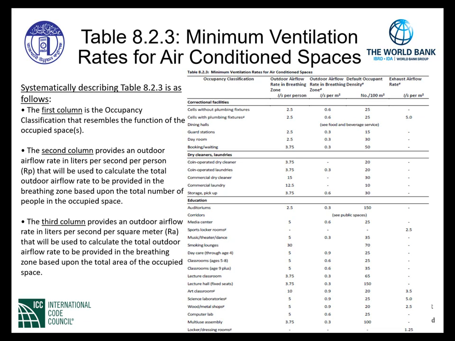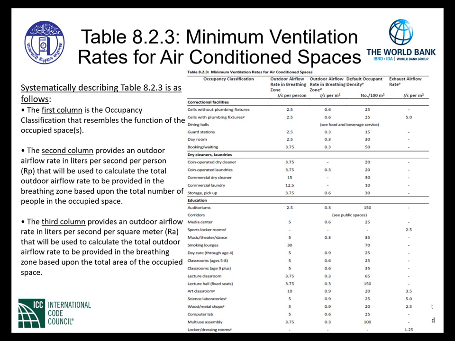So simply looking into the second column of the table, as seen here, based upon the occupancy classification and the space within the occupancy, you are given a prescriptive outdoor airflow rate in the breathing zone in liters per second per person.